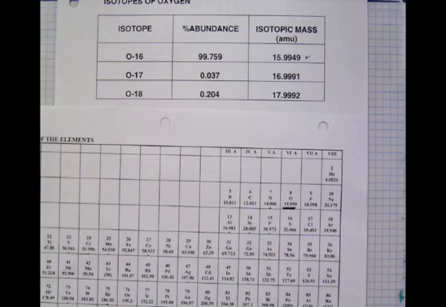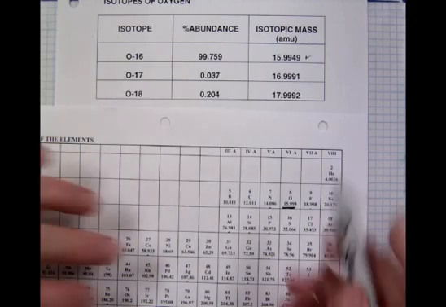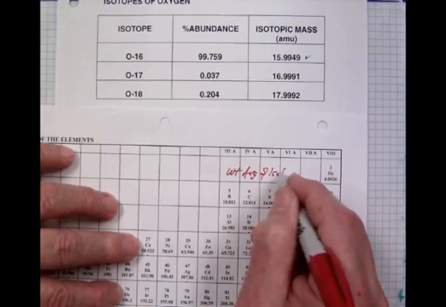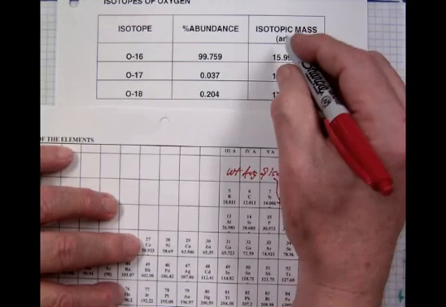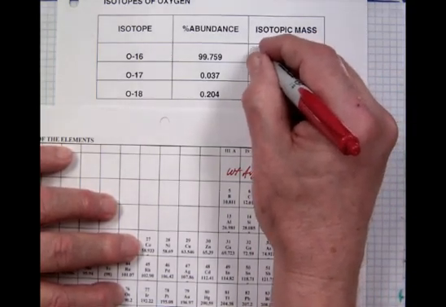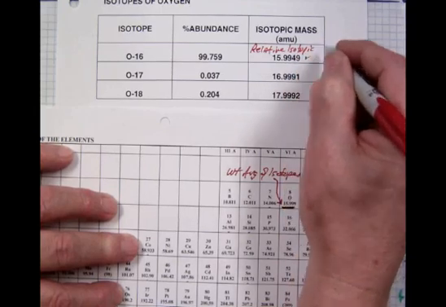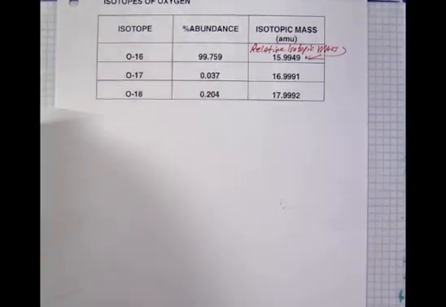The number in the periodic table is the weight average of all the isotopes. But this is the relative isotopic mass.